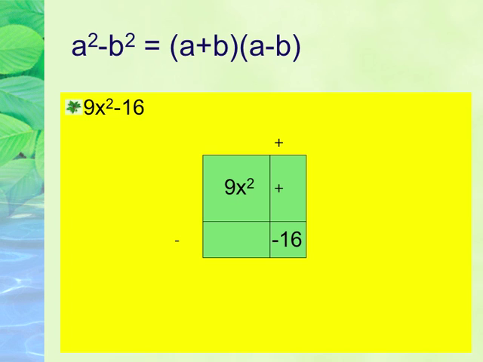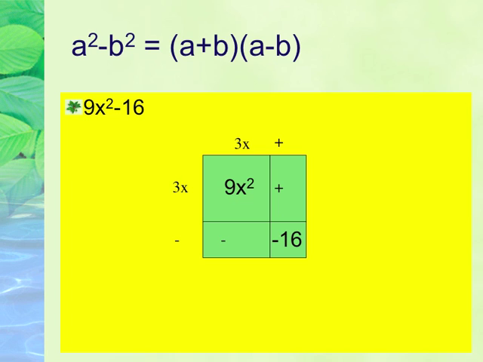And I also know that of the two squares that don't have any numbers in them, one of them is going to need to be positive, and one of them is going to need to be negative, because they add up to 0. Now I can fill in the remaining parts of my factors around the outside of my rectangle.